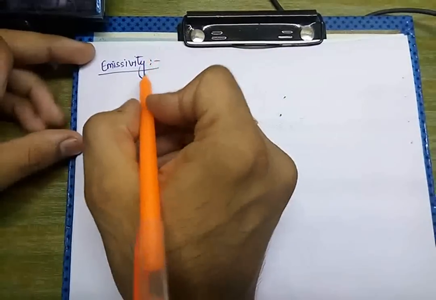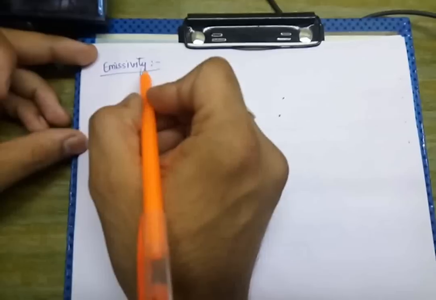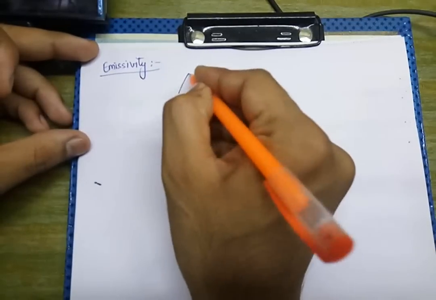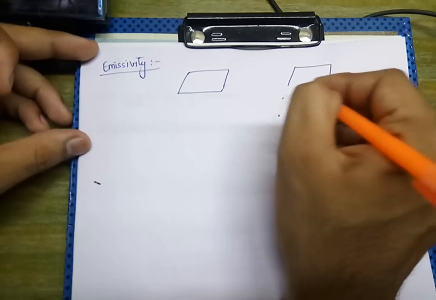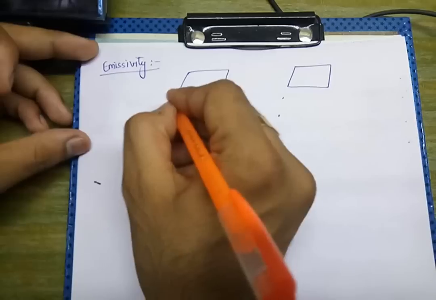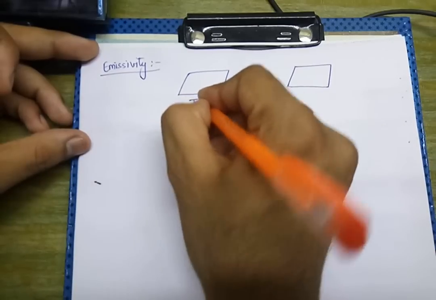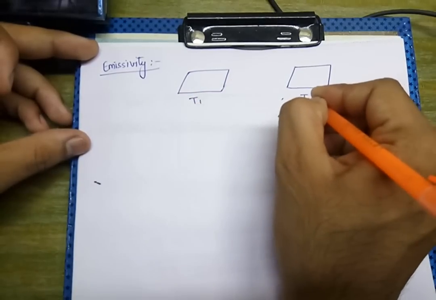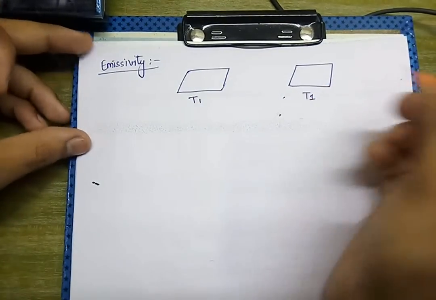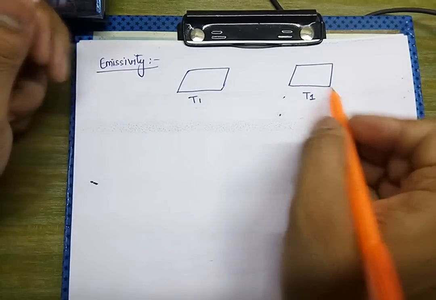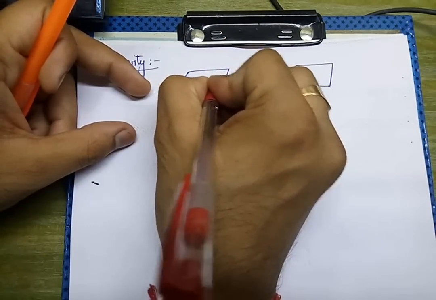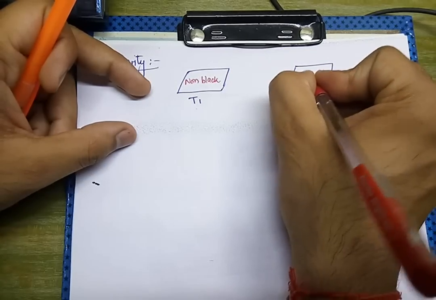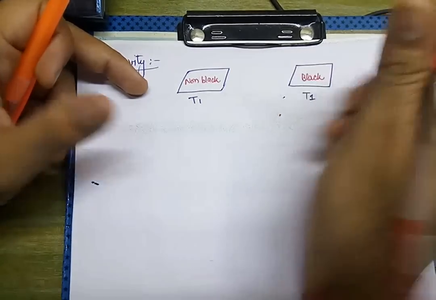Okay, we now come to the term emissivity. Say for example we have two surfaces, both at the same temperature T1. One is a non-black body and the other is a black body.